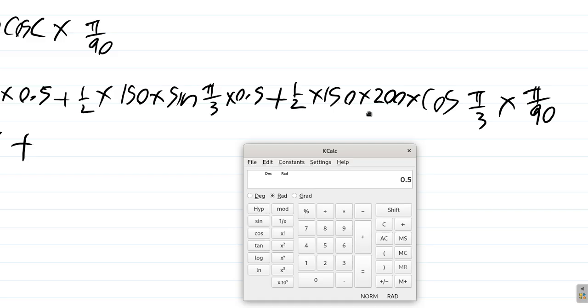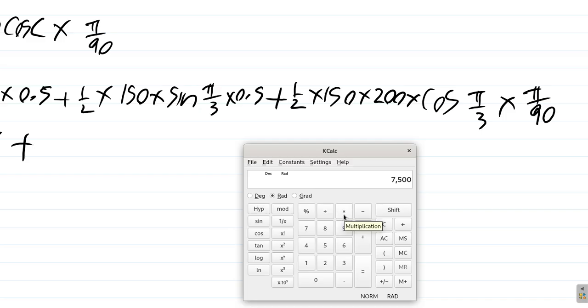This is half of, let's just multiply it out as it is, times 0.5 times 150 times 200 equals.